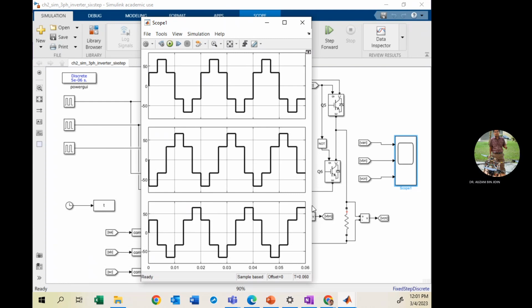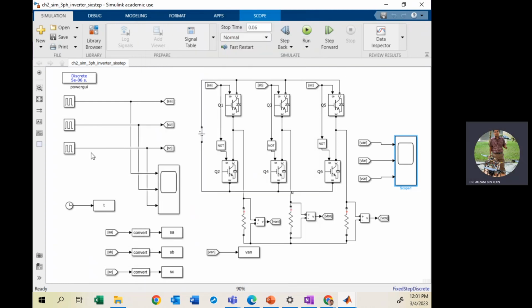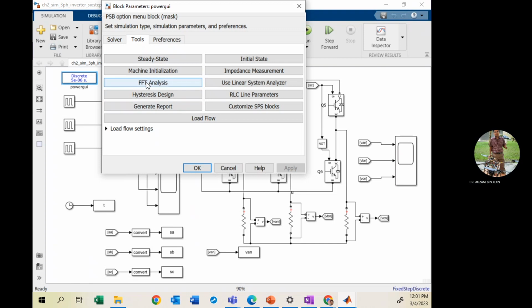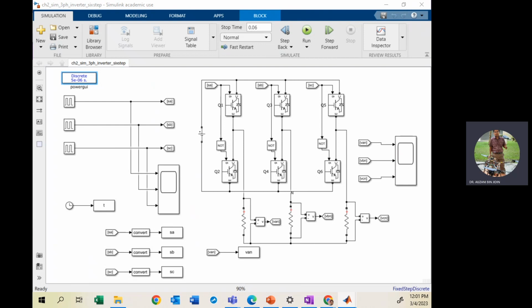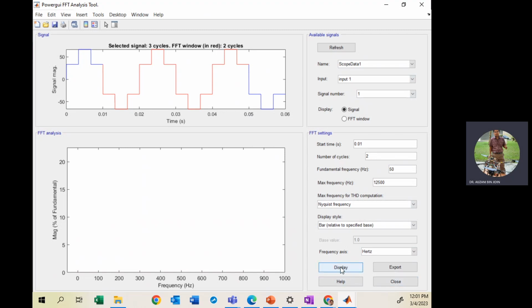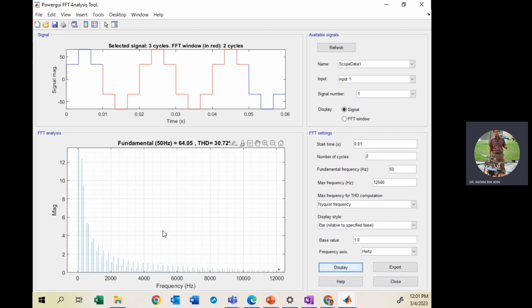Okay, now we can see what the fundamental component is by analyzing through the FFT analysis. Then you can click the display button here.